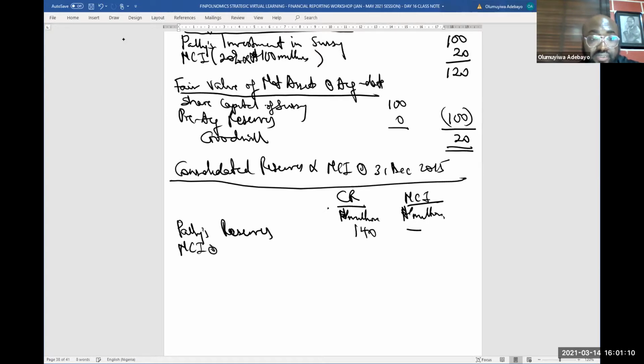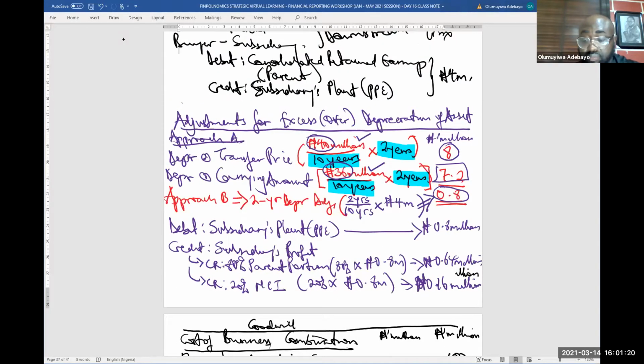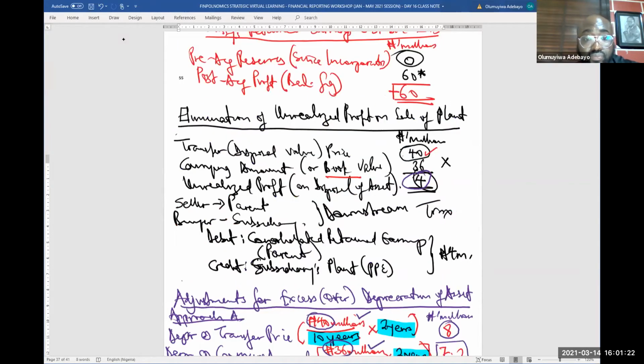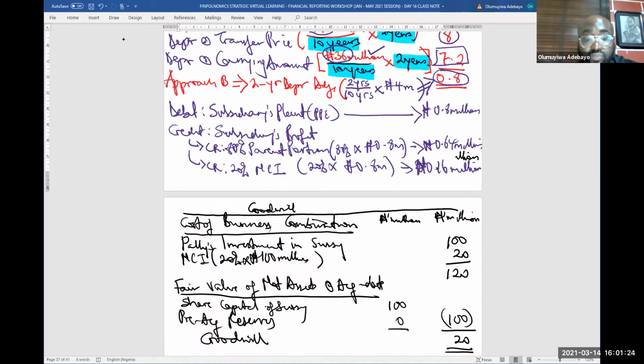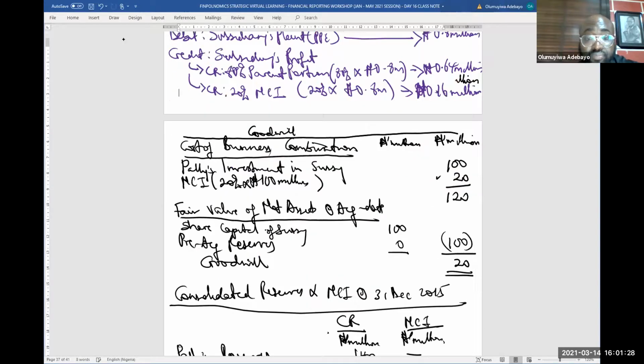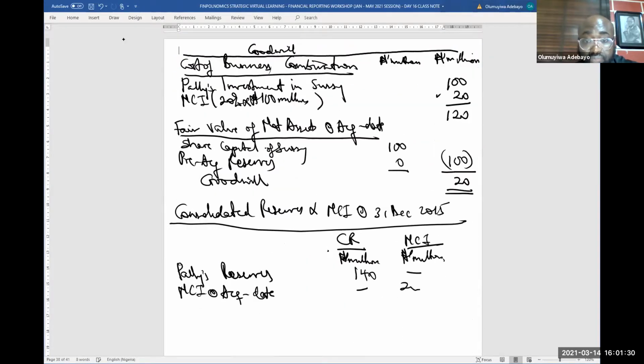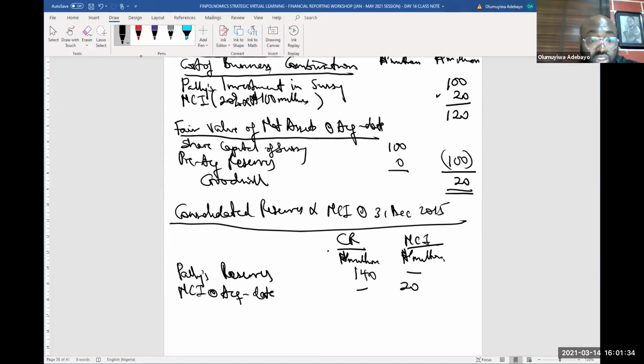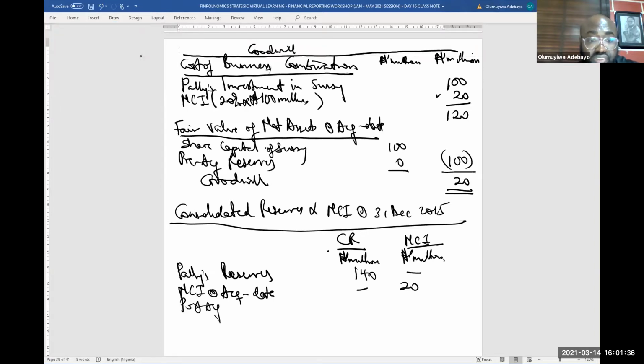NCI as at acquisition date is 20. Share of post-acquisition profits.